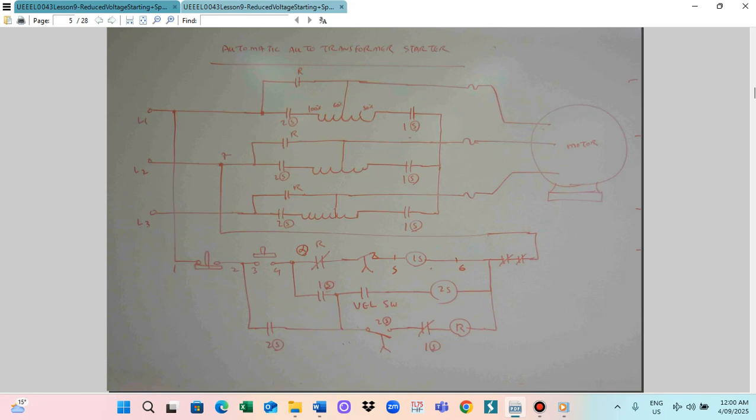So current flows from 1, 2, 3, 4, 5, 6, 7. Then another line. So because of this one, all the YS connectors are energized. YS connector energized means that all the YS connectors are closed.